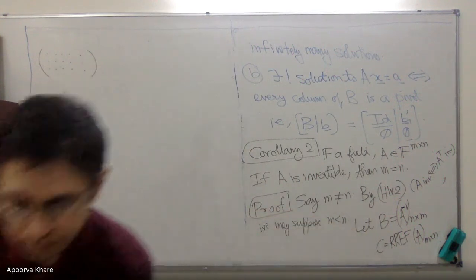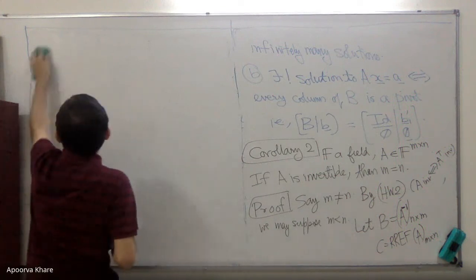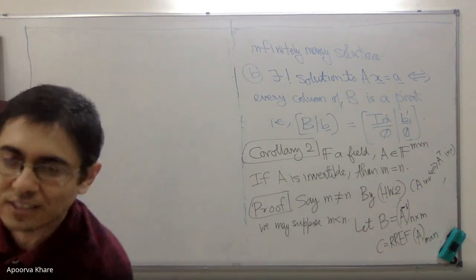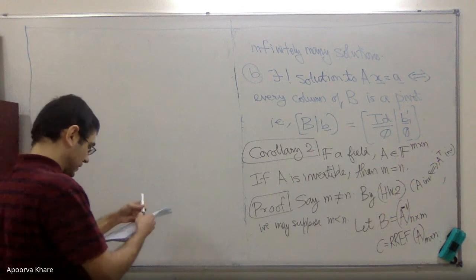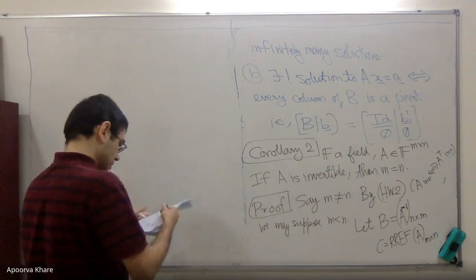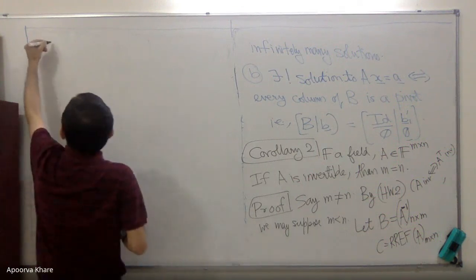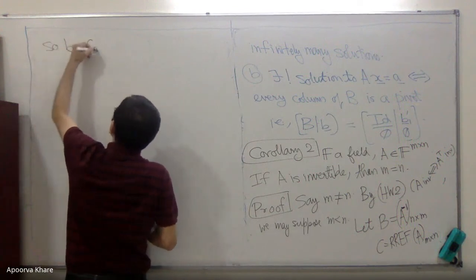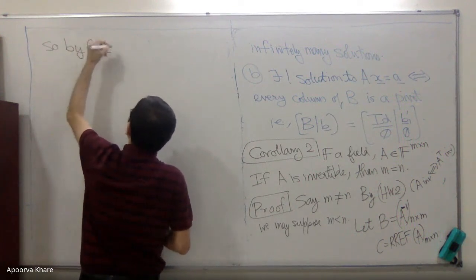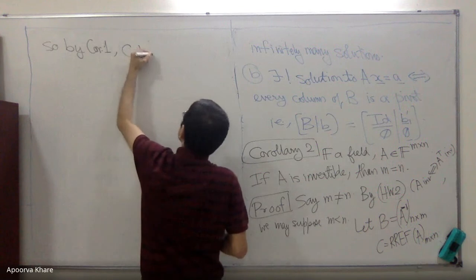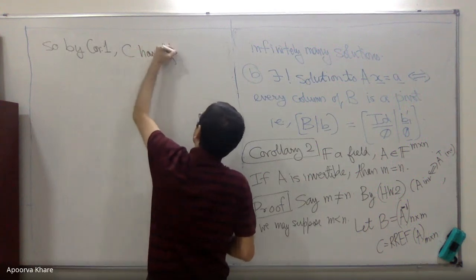And C is in RREF, so C has at least one free variable. If I take any system involving C, then it has free variables. By corollary 1, which is why we needed to prove corollary 1 first, C has free variables or non-pivot columns.